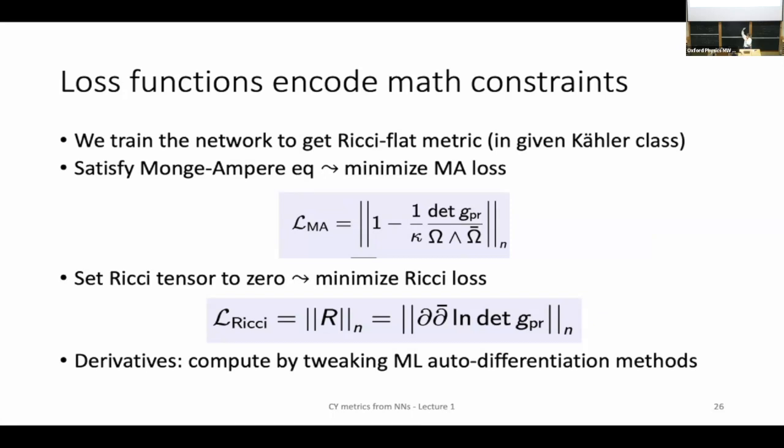And then you can compute a loss function like this. And this is something that also has been used to train a neural network. However, you do need to compute these derivatives, and of course that's something that has a cost associated to it. Okay.